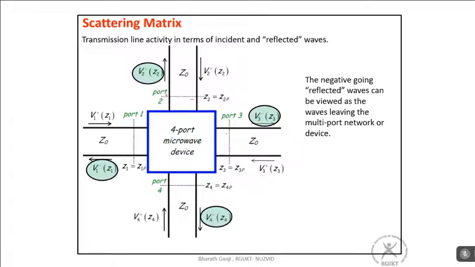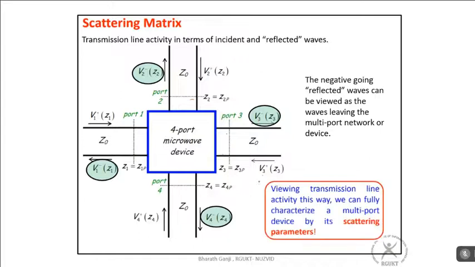The wave reflected back at port 2 is V2 minus. The wave reflected at port 1 is V1 minus. The wave reflected at the fourth port is V4 minus. I guess that is easy to see. But here, viewing the transmission line activity, we can actually characterize a multi-port device by its scattering matrix.